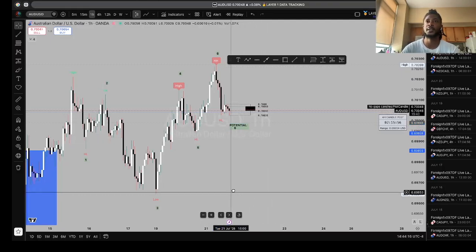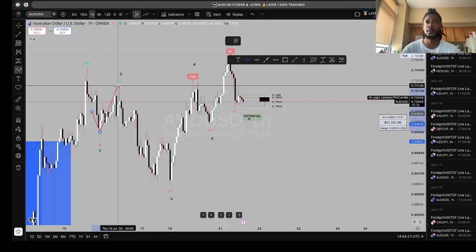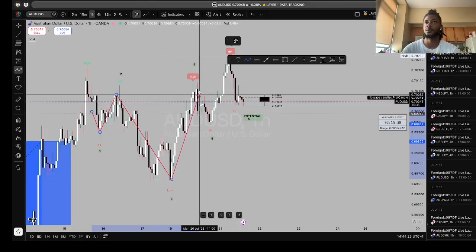Potential 6 leg. And if I outline it, drawing the part tool on it.